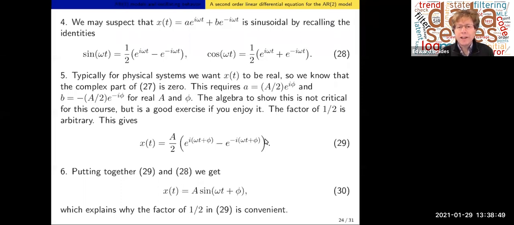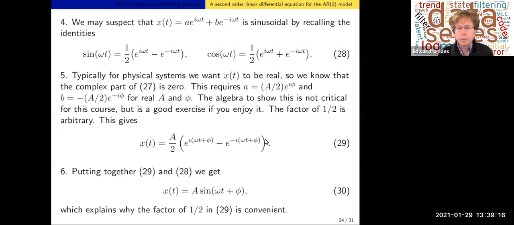Now, I mentioned that a and b could be complex, but typically for real systems, we want x of t to be real. And so we get a couple of constraints. Well, we really get one constraint, that the complex part should be 0. So you can go ahead and do some algebra and work out the real and complex parts of 27.